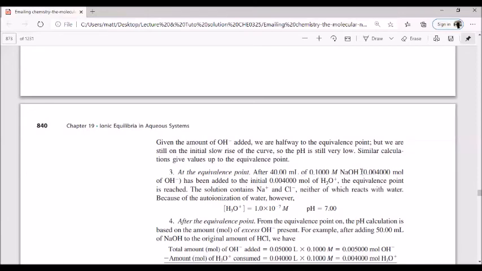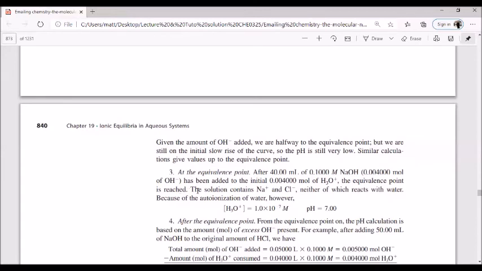So what is the mole present in 40 ml of 0.1 molar? It is 0.004 mole, whereas the hydronium ion is also 0.004 mole. Therefore, the equivalence point is reached.